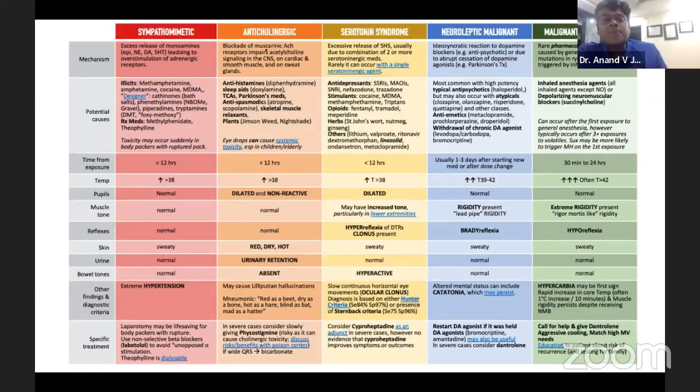So temperature, dilated pupil, constricted pupil, increased tone, decreased tone, dry, wet, sweaty, hyperactive person, or diarrhea, catatonia, clonus, all those things will help you to differentiate. But they will be fitting in two, three, or five of these categories. So this is how you approach.